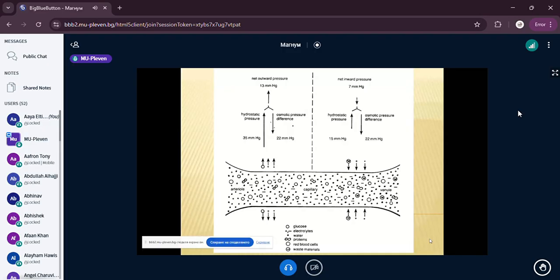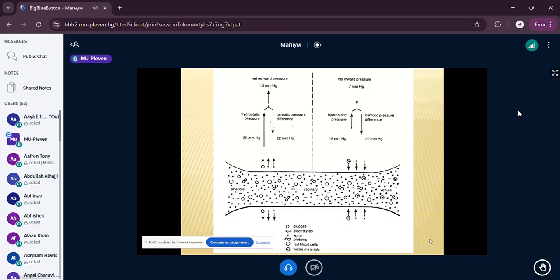So in the picture, everything which we have done is here. We got 35 millimeters. What is this? Hydrostatic pressure in the arterial part. In the venous part, it is less due to the bigger distance from the heart.